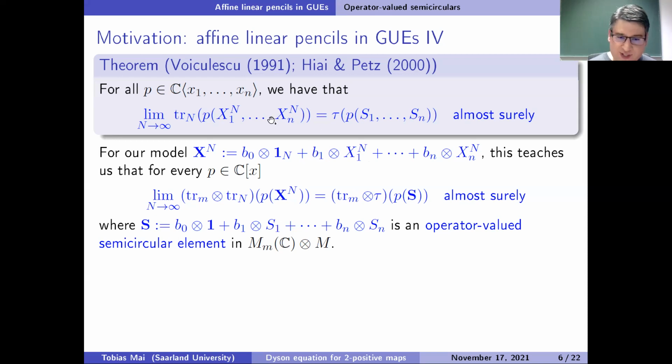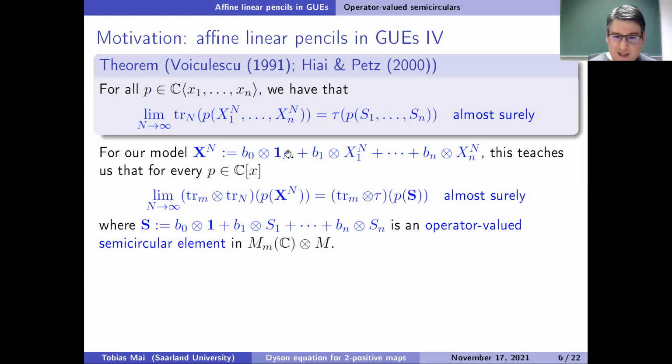And having this result here, it's quite easy to check that this implies, for our new model, this behavior. So it tells us that under the trace, I have an almost sure convergence to the trace of a polynomial evaluated in another operator, which is now built out of the semicircular elements, which describe the behavior of these matrices here.